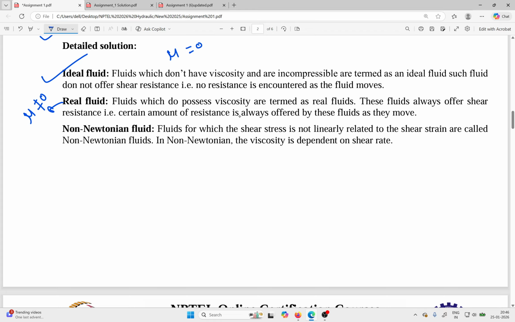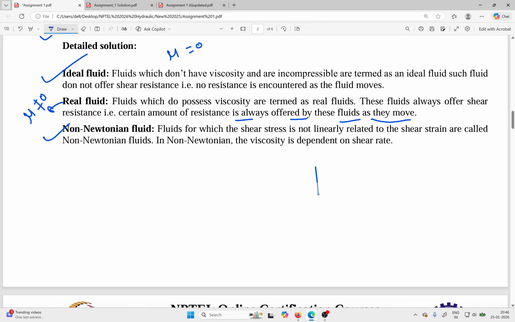A certain amount of resistance is always offered by these fluids as they move. Non-Newtonian fluid: the fluid for which the shear stress is not linearly related to the shear strain is called a non-Newtonian fluid. Linearly not related, remember this.